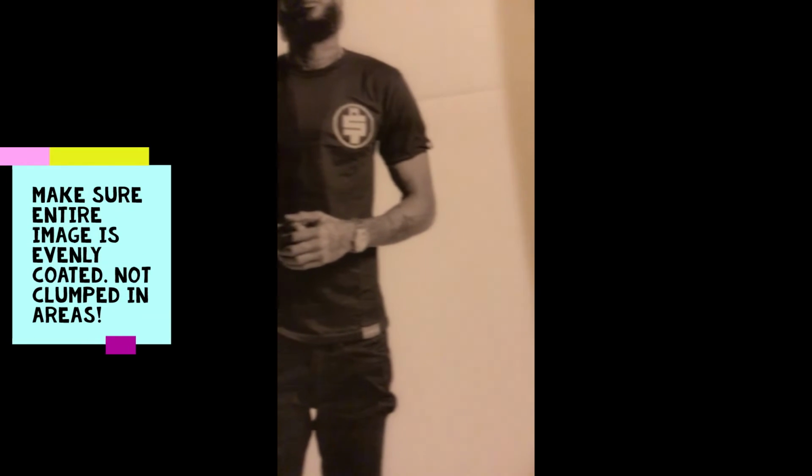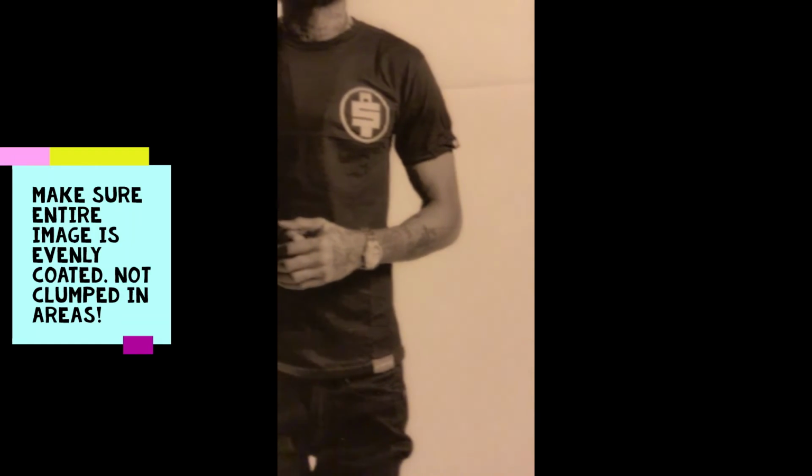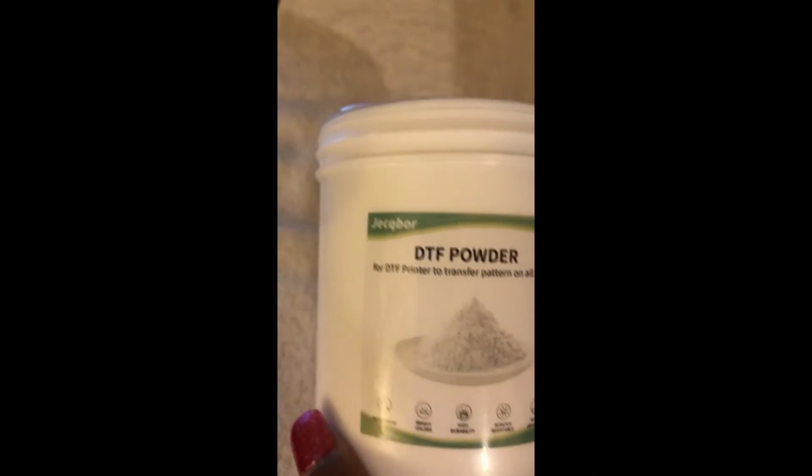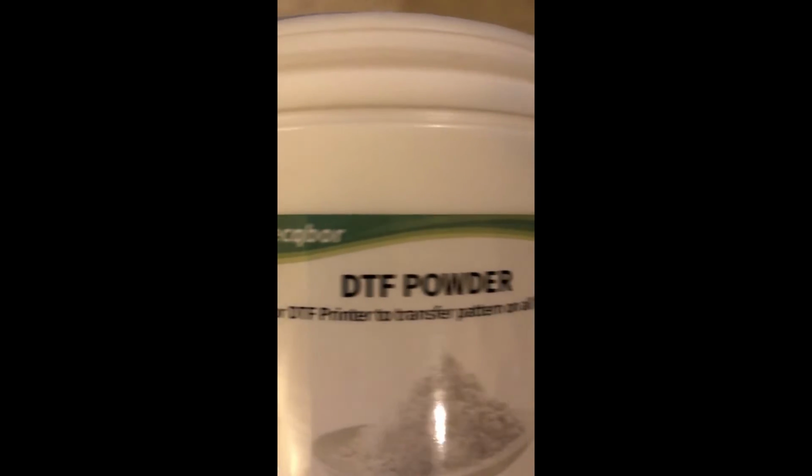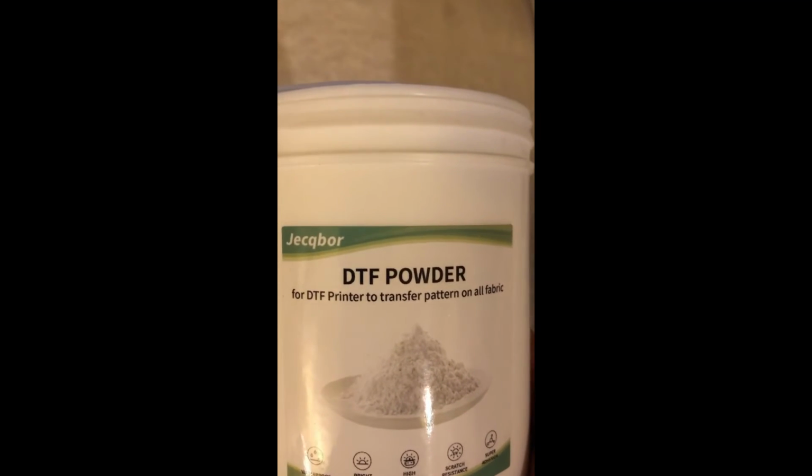I want to get close enough, but this ink, it's wet, and this is the powder I'm using. It's not the same brand as the G Fancy. This one is called the Jack Bohr, whatever. Okay, so I'm going to cut the camera and apply the powder.